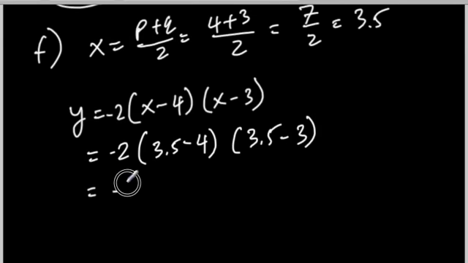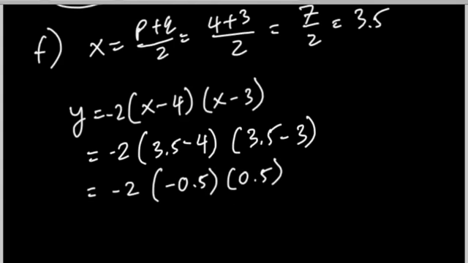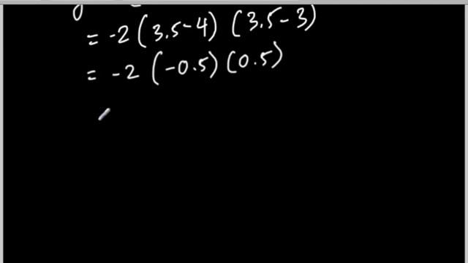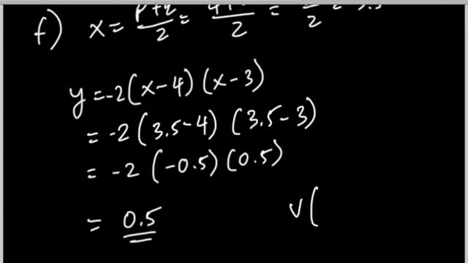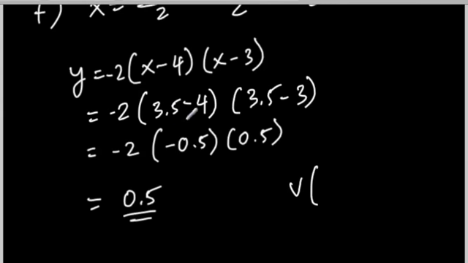So that's equal to negative 2, and that's going to be negative 0.5, and this is going to be positive 0.5. So that's going to be a quarter times negative 2, so that's going to be 0.5. So the x-coordinate of our vertex is 3.5, but the y-coordinate is 0.5.